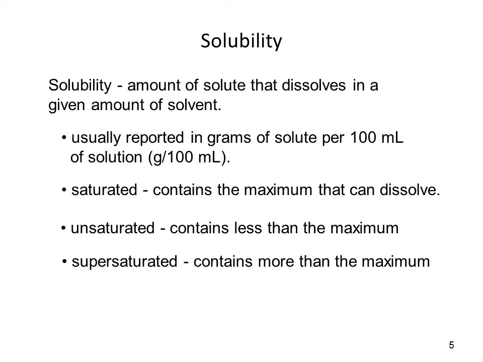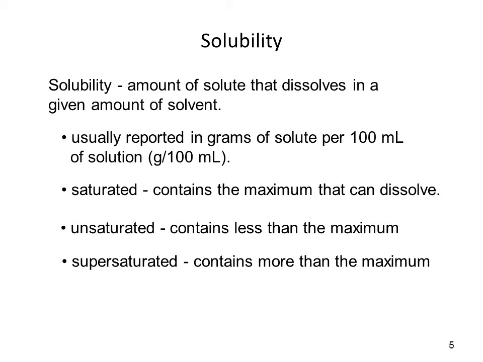We're going to start quantifying solution concentration right now. Solubility is defined as the amount of solute that will dissolve in a solvent. Now, it says here that we usually report it in grams of solute per 100 milliliters of solution.